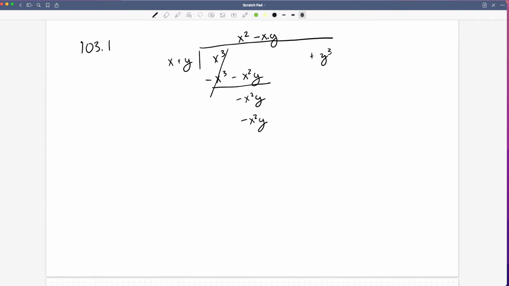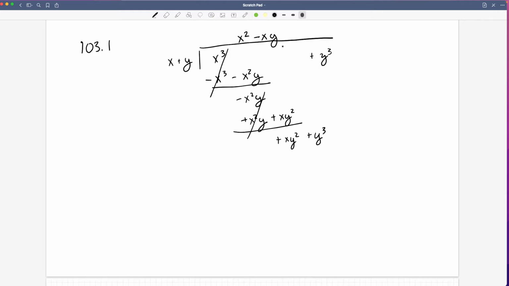And then when we multiply xy times y, we get a negative xy squared. So now we change the signs. These cancel. We have a positive xy squared. Now we can bring down the positive y cubed.